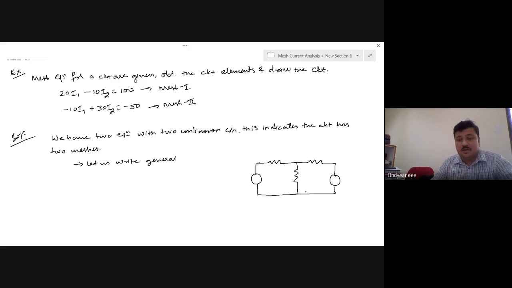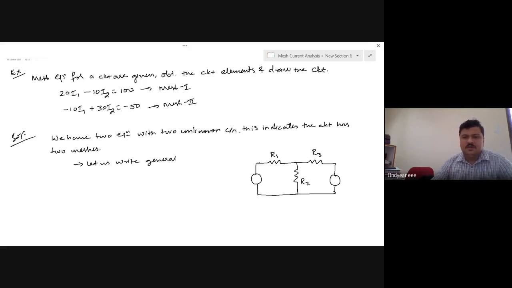Now I got this circuit, in which we still don't know what the elements are. Now we have the orientation of the circuit, the geography of the circuit. Now let this be R1, let this be R2, and let this be R3.